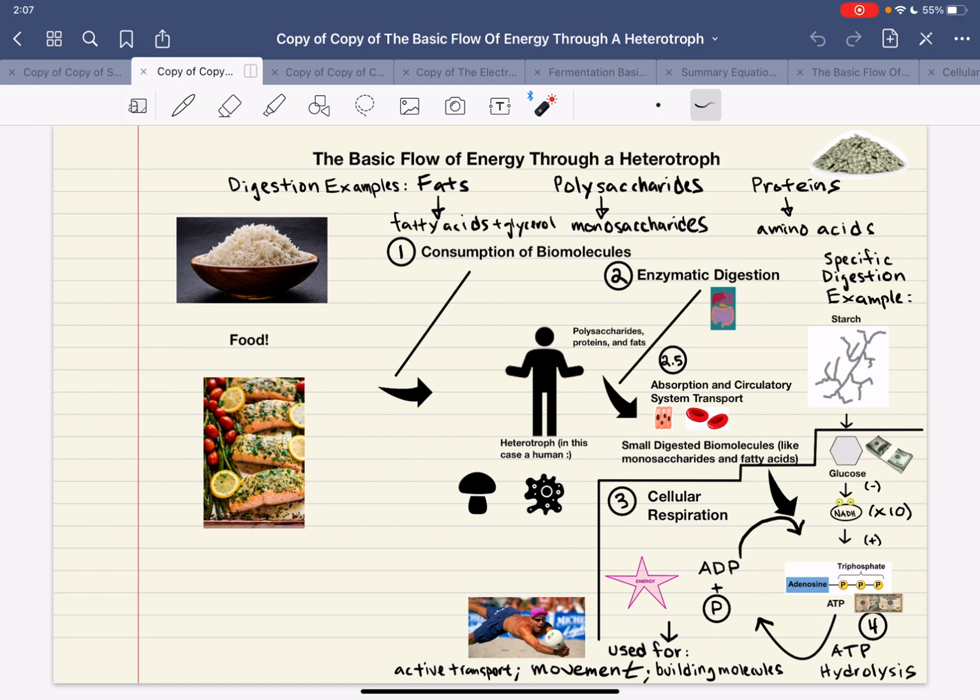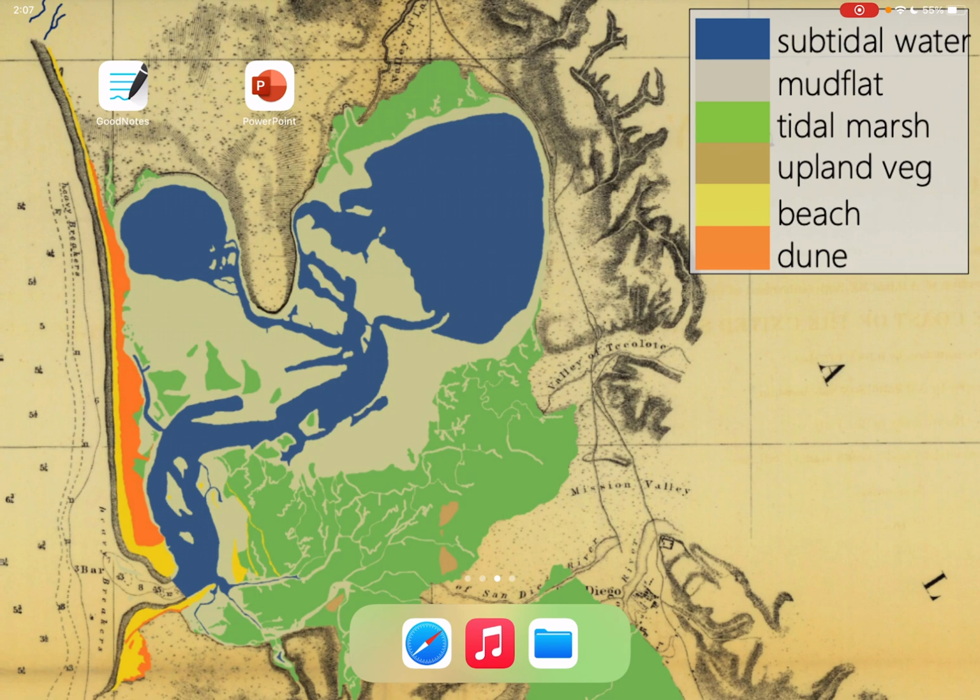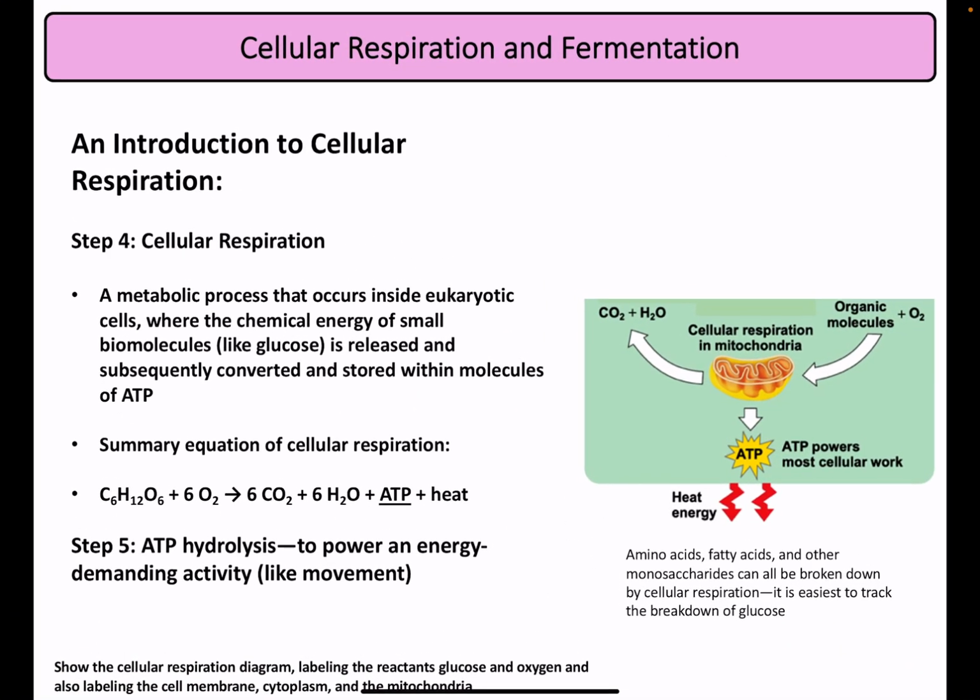And again, this occurs within your cells. Not only your cells, it's not a human thing, it's not an animal thing. This is a process that occurs inside all eukaryotic cells, whether you're a plant, an animal, a fungus, or a protist. So that's where we're at. Step 4, and again, step 4 is the primary focus of the next 2 videos.